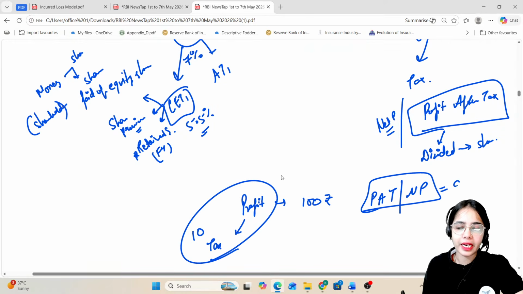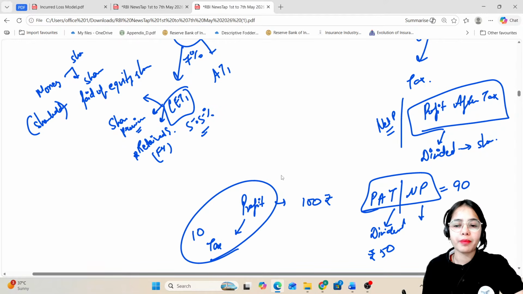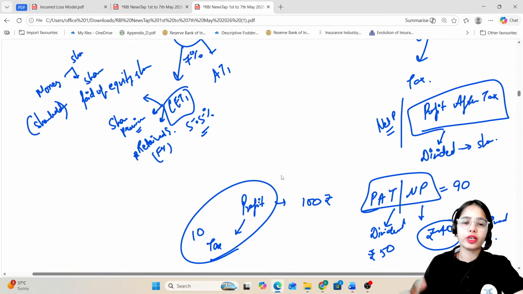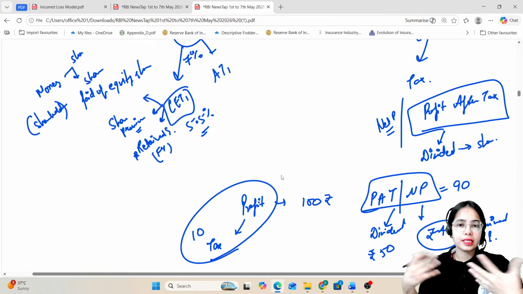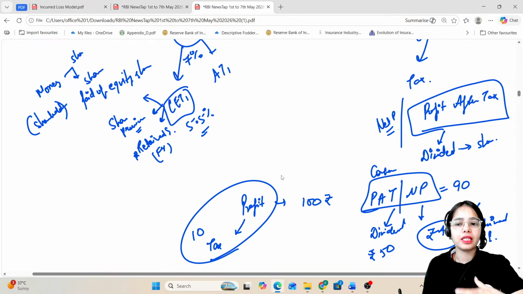From this, let's say the dividend is paid, that is 50 rupees. Now the bank is left with 40 rupees, right? This is known as the retained earnings, that is retained by the bank for its own functions in the future, for its own operations, or for its expansion. The company is keeping the retained earnings.